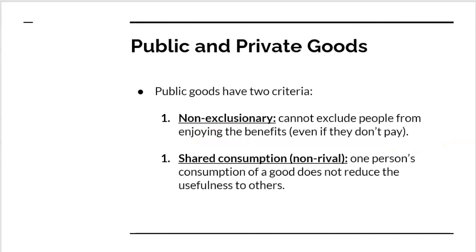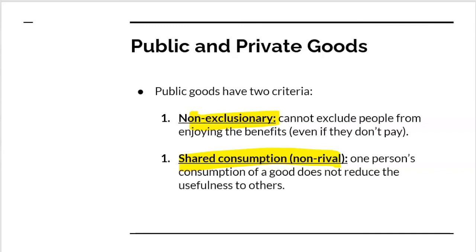And so public goods have to have two criteria here. One, they have to be non-exclusionary. In other words, you cannot exclude people from using it. And number two, it has to be non-rival or shared consumption. That one person's consumption does not reduce the usefulness of that good for other people.